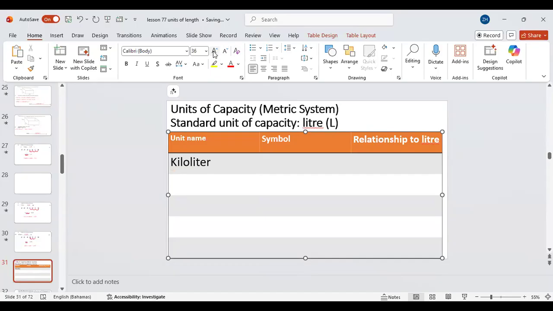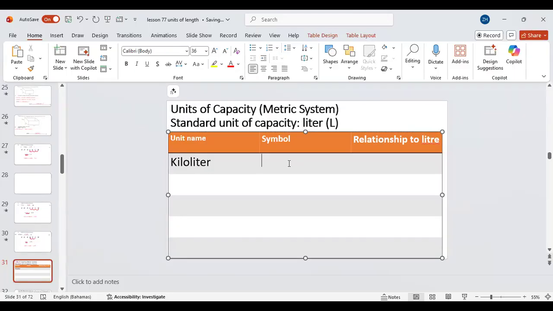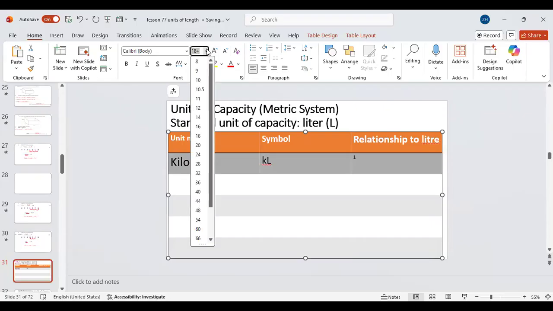Kiloliter. The symbol is KL, common K, capital L. Relationship is going to be 1 kiloliter equals 1,000 liters.